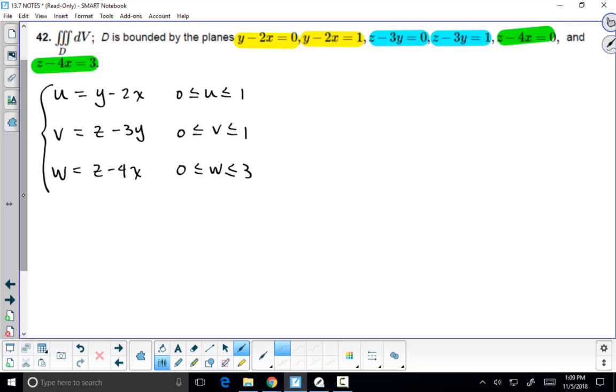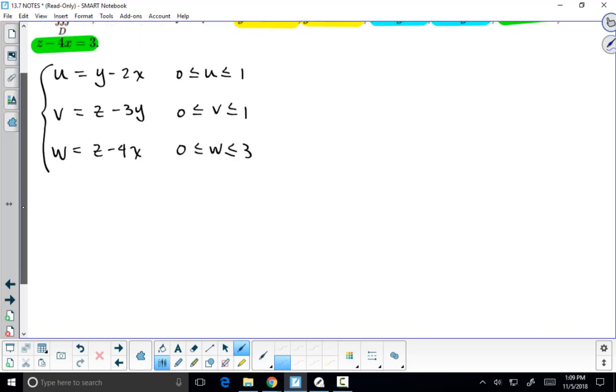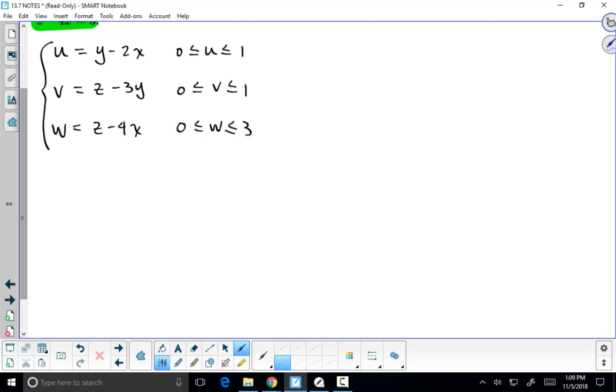So let's do that. We take equation 2 and 3, and if we subtract them, v minus w will be minus 3y plus 4x. So that equation now has x's and y's, and this equation has x's and y's.